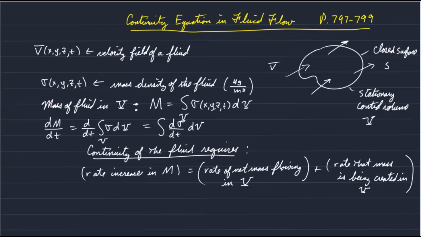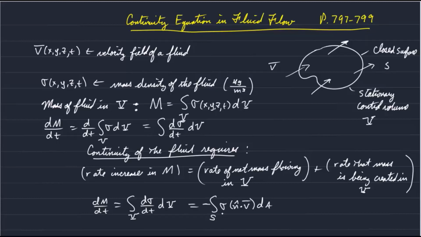And mathematically, we can write that as dm/dt, which, as we showed, was equal to the integral over the volume of d sigma/dt, the rate change in density, and that's equal to minus the flux of mass out of the volume by fluid flow.